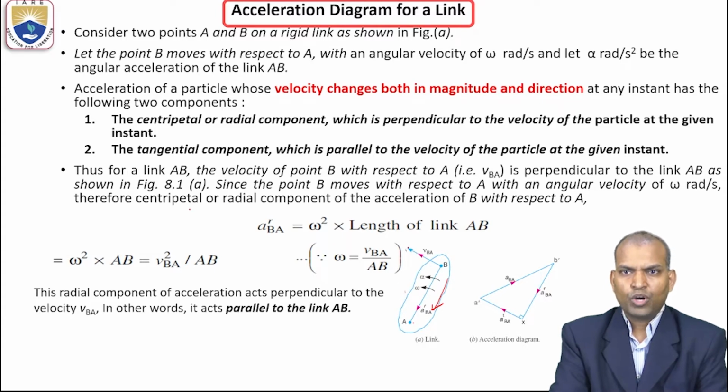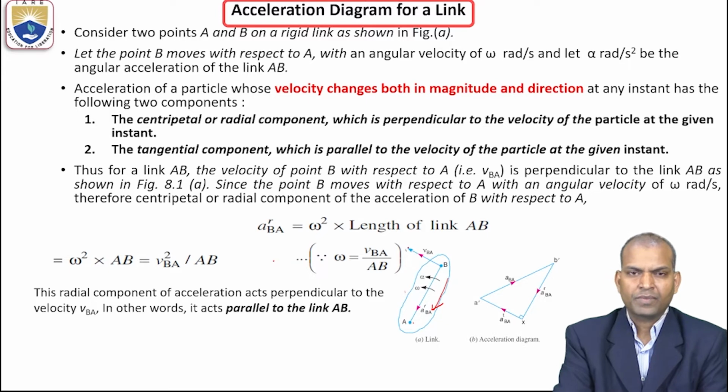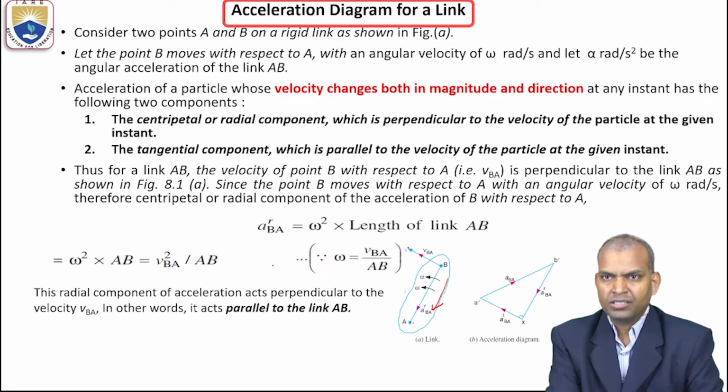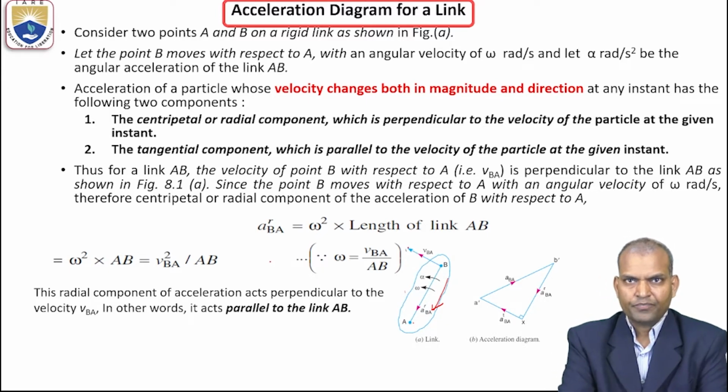Let the point B move with respect to A with an angular velocity of omega radians per second and angular acceleration alpha radians per second square of the link AB.